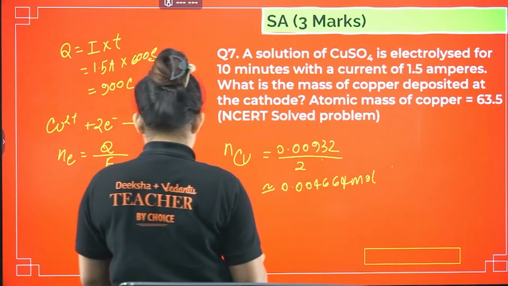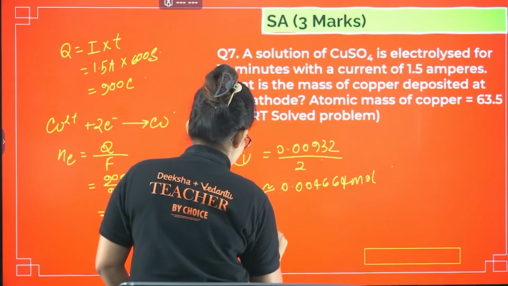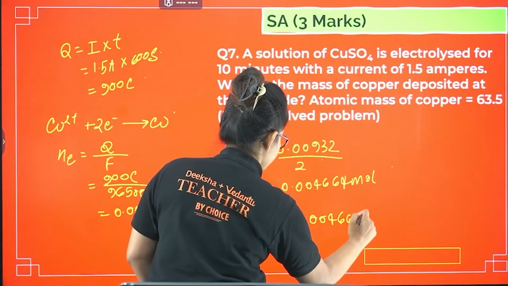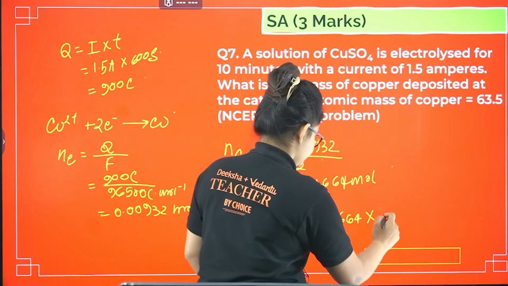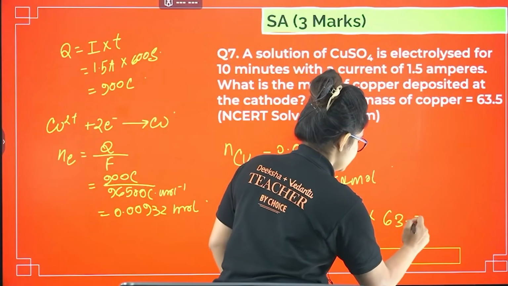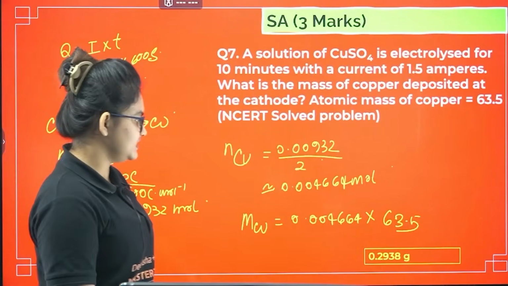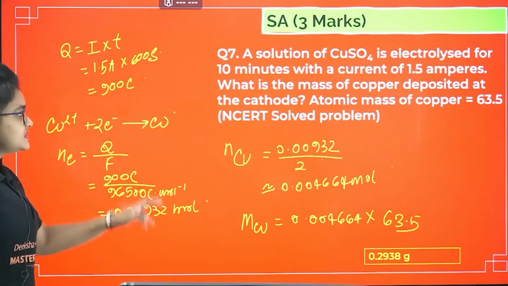Now from here I can find the mass of copper: 0.00464 mole into the atomic weight, 63.5. If you calculate this, your answer will be 0.2938 gram. I guess this is clear to you.